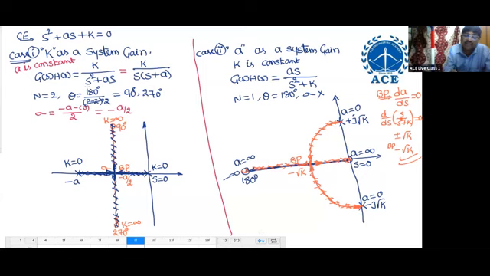You take GH as K by S into S plus A. What is the angle condition? K by S square plus A equal to minus 1, the angle is plus or minus 180. So what will you draw? Direct root locus, for small things. Check the angle condition for that GH.